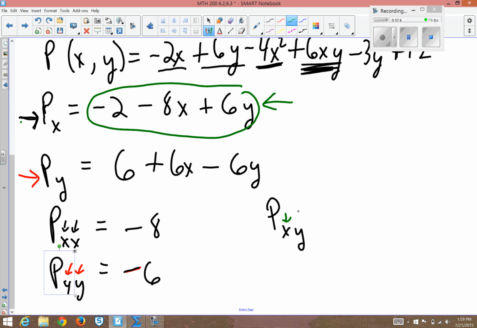This says find the partial derivative of that with respect to y. So when we differentiate this, we're supposed to pretend x is a constant. The derivative of this constant is 0, the derivative of this constant is 0, and the derivative of 6y is 6.